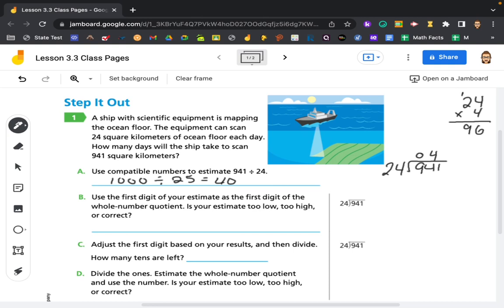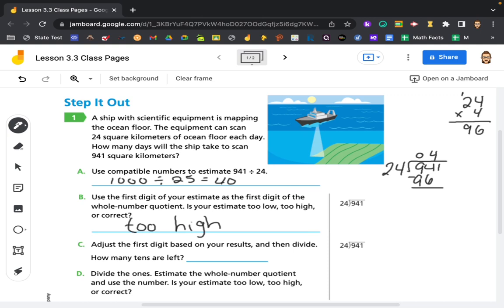So it's 96. So if I put 96 here, I can't subtract this. 96 is higher than 94. So that means that my estimate is too high. So that means I can't use 4, but I can use 3.